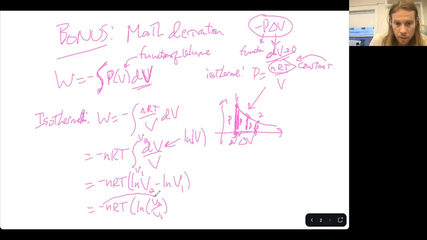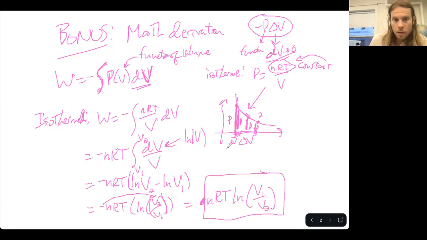Then we put the negative inside to make it to the -1 power, so we switch it to positive nRT ln V1 over V2. And so the work done by an isothermal process is a natural log function of the ratio of the volumes.